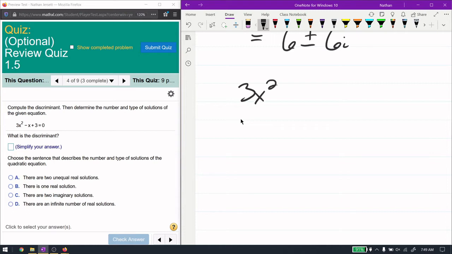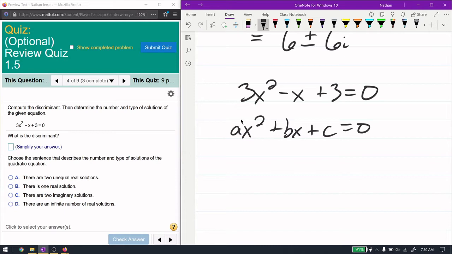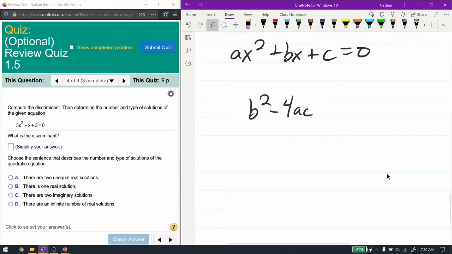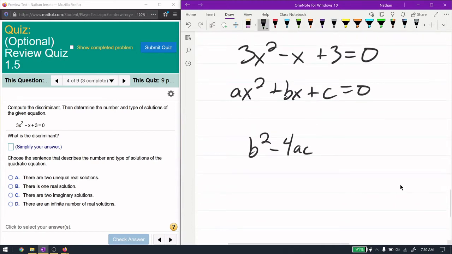And it's quite easy to compute just by looking at the quadratic. Make sure it's in the form of ax squared plus bx plus c equals 0, just like you would for the quadratic formula. And all you have to do is calculate b squared minus 4ac. That's the discriminant. That's what it's called. Okay, we have a equals 3.